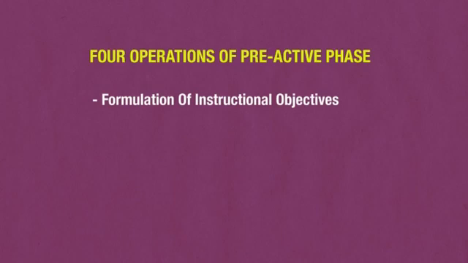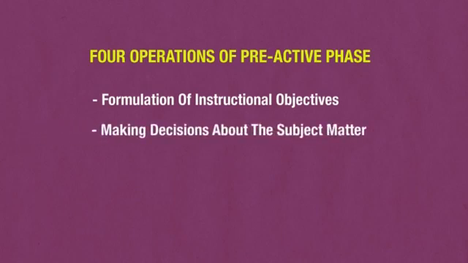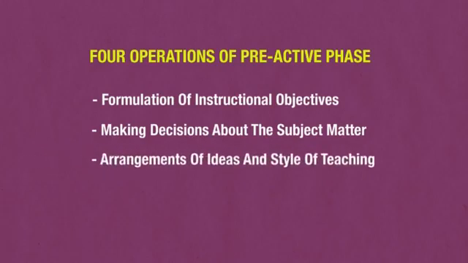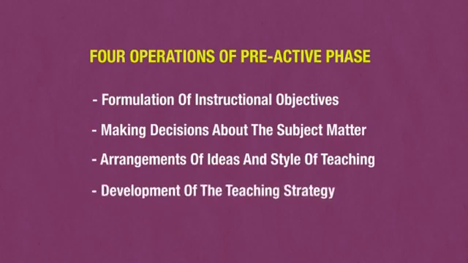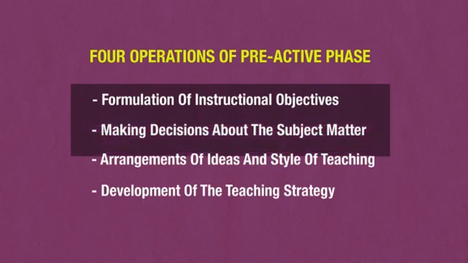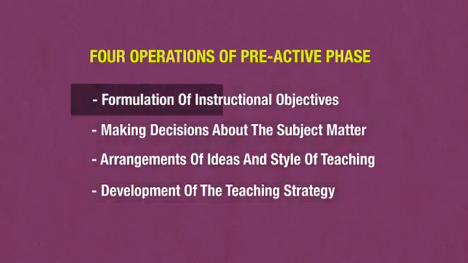formulation of instructional objectives, making decisions about the subject matter, arrangement of ideas of teaching, and development of the teaching strategy. Now, giving a brief idea of these 4 operations, the first one, formulation of instructional objectives.